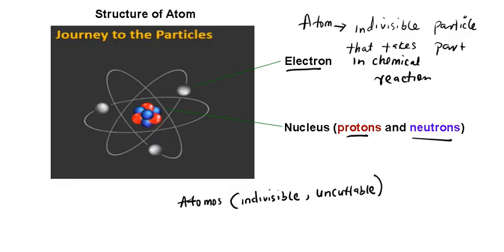The proton is a positively charged particle, and the neutron has a zero charge or is neutral, while the electron is negatively charged.